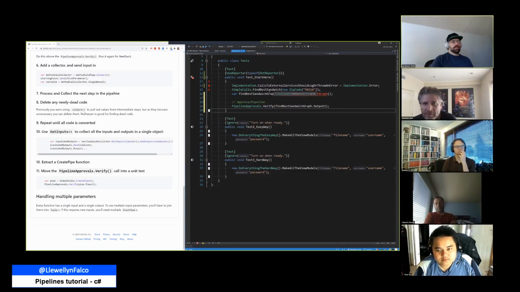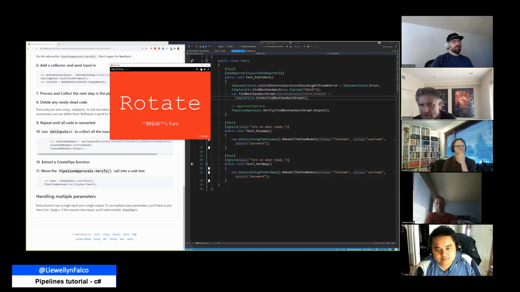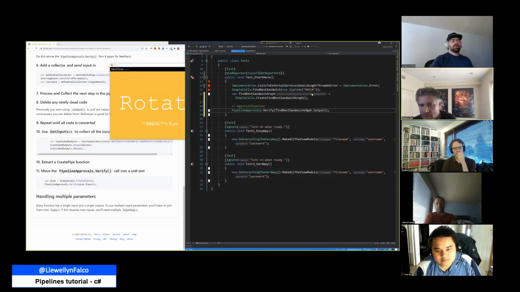I think you have to fully qualify the simple case. Does that make sense? So we just move the test code into the actual test. Is that making sense?